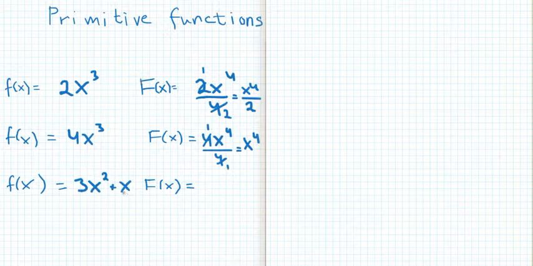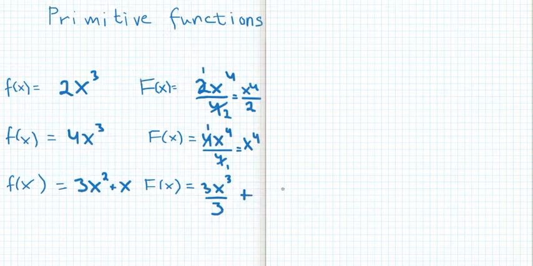So 3x squared is going to be 3x, then the exponent is 3, and divide by 3. Then we can see we can cross out the 3s here. Let's do this first.